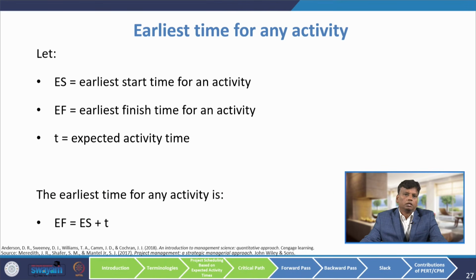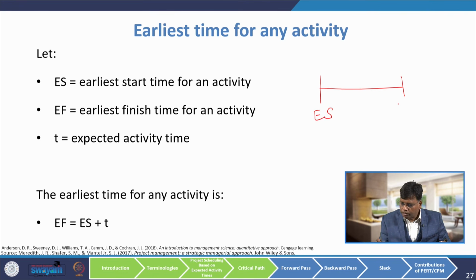Now, we will use some notation to find the earliest time of an activity. Here ES represents earliest starting time. Suppose I have an activity like this. This is the earliest starting time, this is the earliest finishing time, and this is the duration.